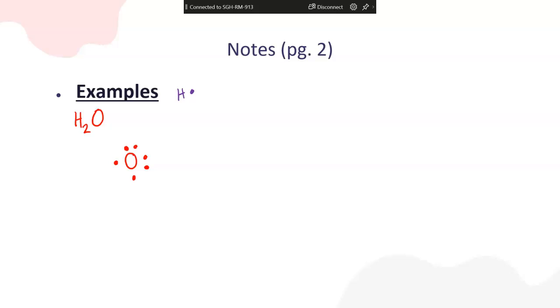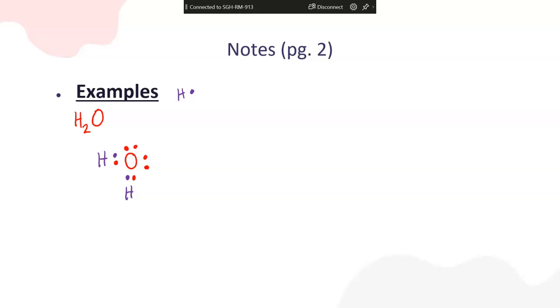The bottom and the left, right? We're going to pair them up. So that hydrogen is technically all paired up. It just does a duet instead of an octet. It's not that musically talented. And then oxygen has its octet. It has all 8 around it.